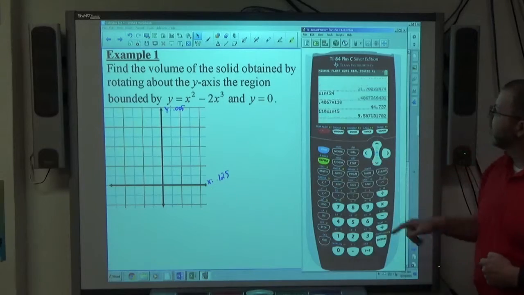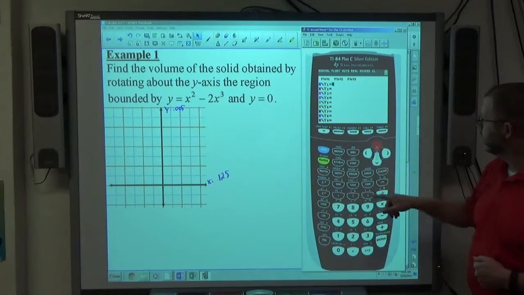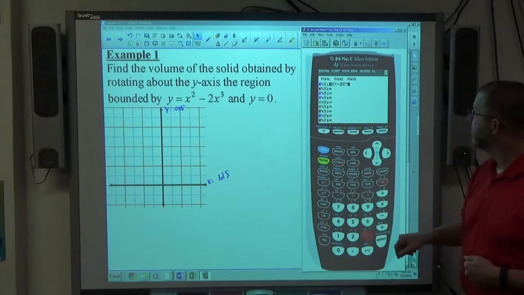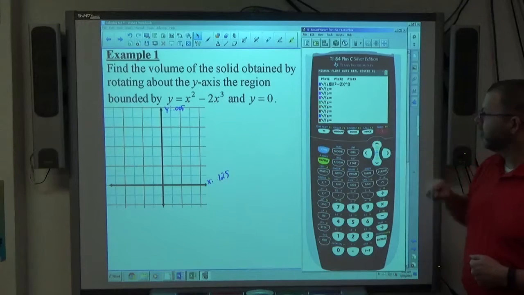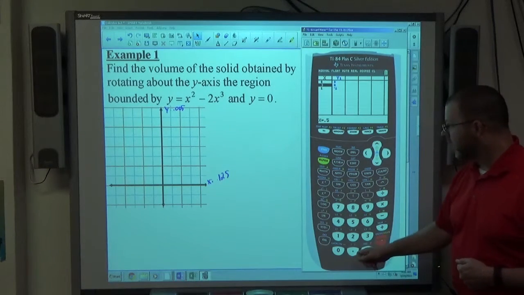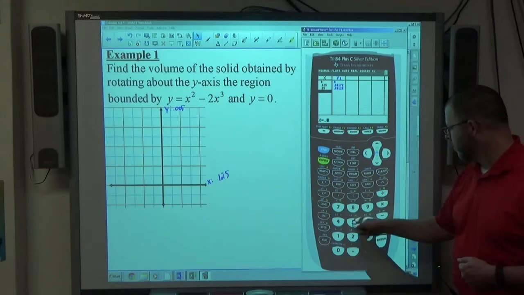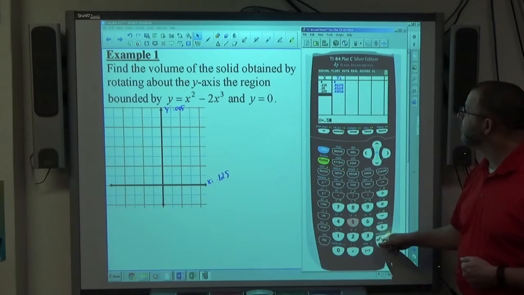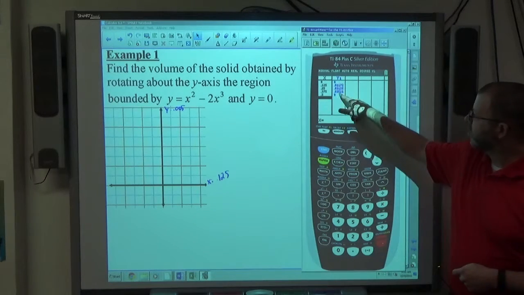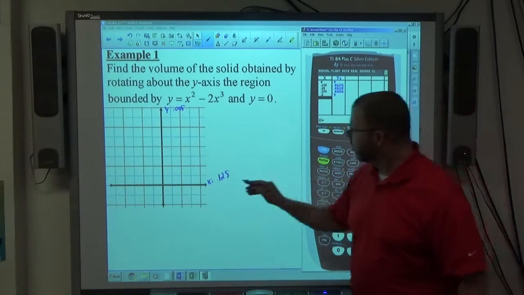But if we go y equals x squared minus 2x cubed, and I go to my table, and I'm going up by 0.125, so 0, 0.125, 0.25, 0.375, 0.5. I got back to 0 at 0.5. So it starts at 0, goes up a little bit, goes back to 0. So 0, 0 is here.